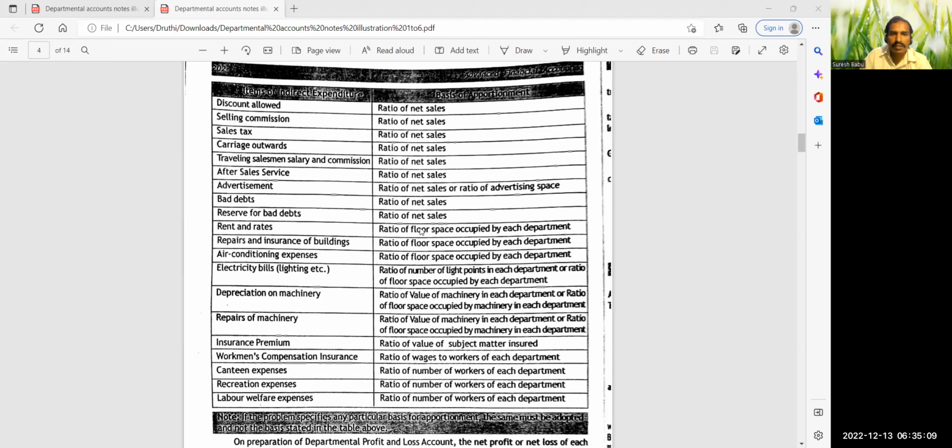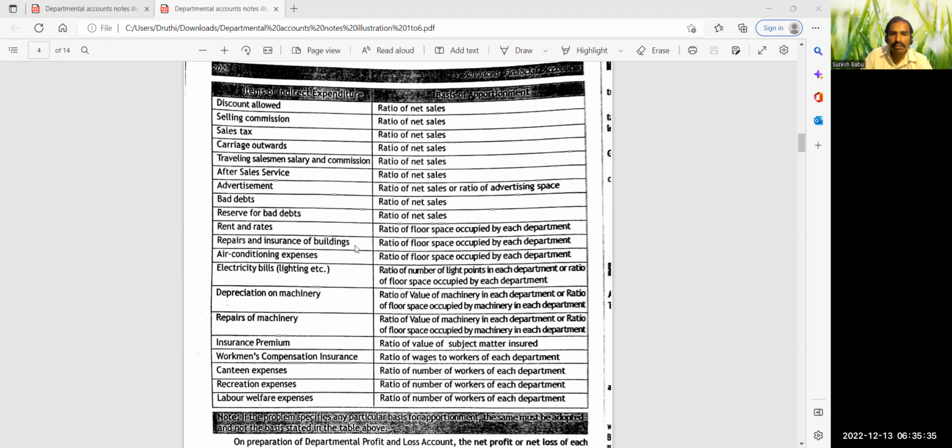Then rent and rates, ratio of floor space occupied by each department. Floor space means area of built up area. If the area occupied by a department is more, the expenses also would be more. That's the reason why the ratio would be given.